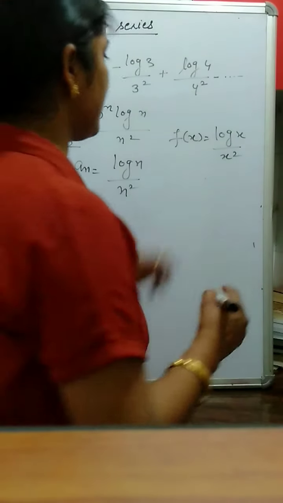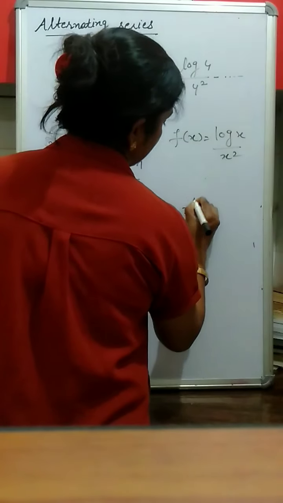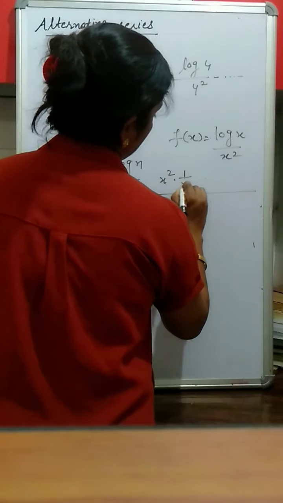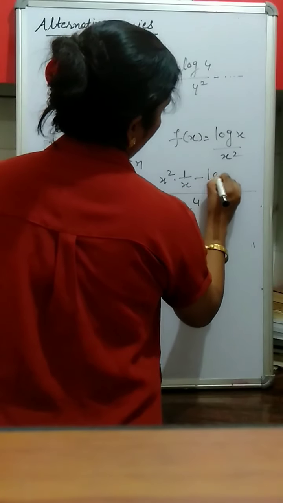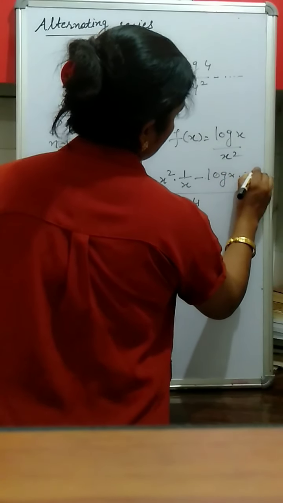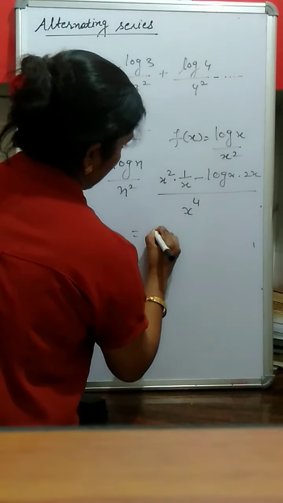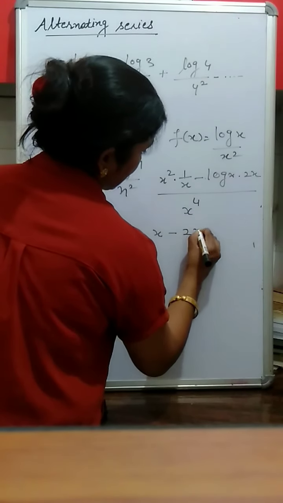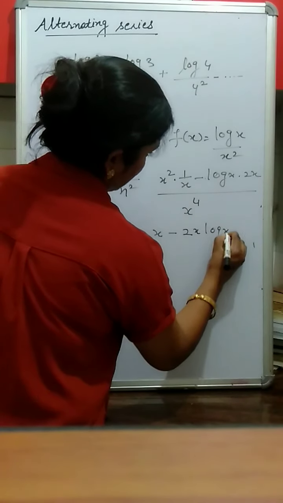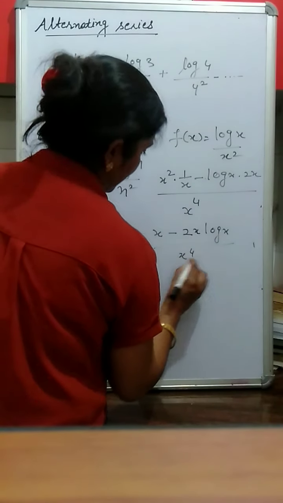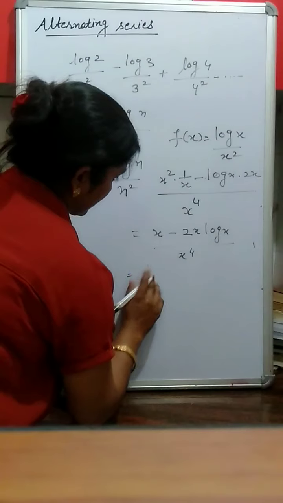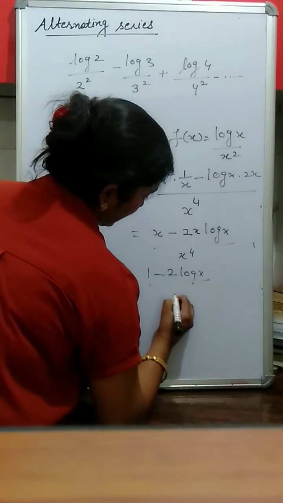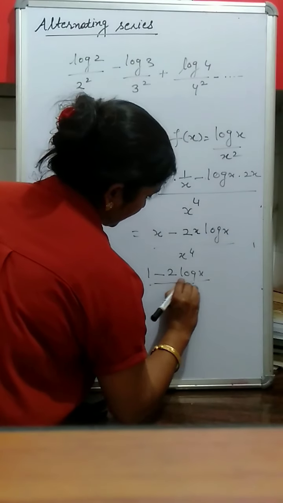So what is the derivative of this function? It is (x square into 1 by x minus log x into 2x) divided by x raised to the power 4. So it is (x minus 2x log x) divided by x^4, which is x(1 minus 2 log x) upon x^4, that is (1 minus 2 log x) upon x cube.